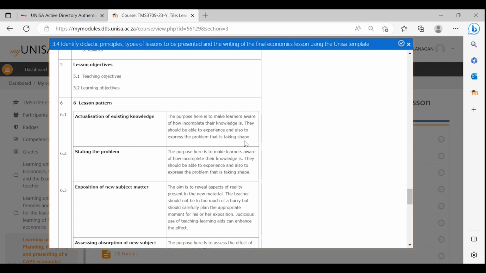For example, in the circular flow lesson, the circular flow we have done introductively in grade 8 and 9. You need to assess how much knowledge the learners have. And they still record what they've done in grade 8 and 9. Right? And that is how you establish how much knowledge they have.